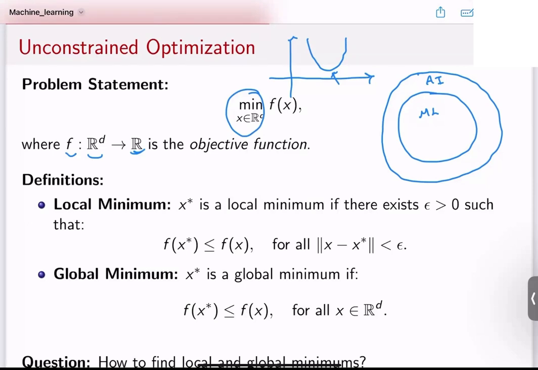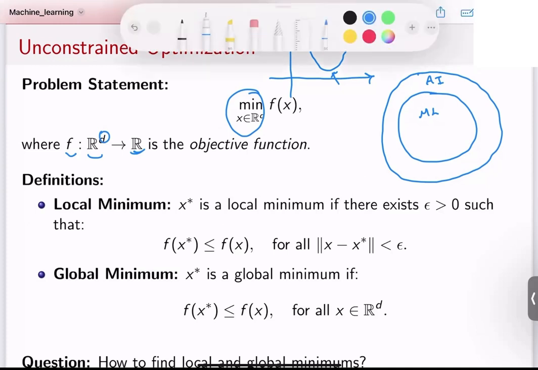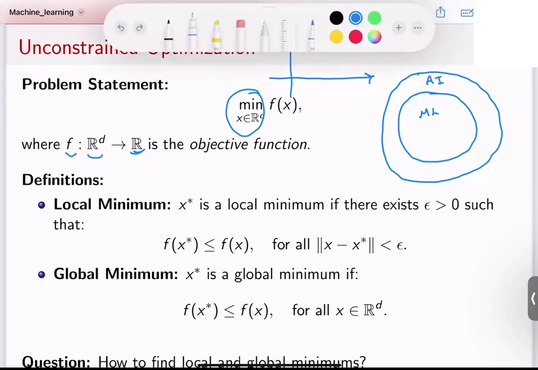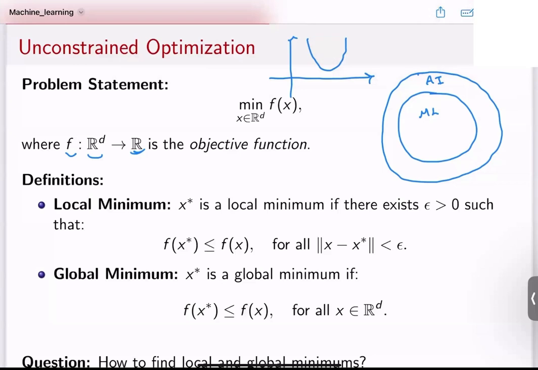But when we go to R to the D, when we're no longer working in the D equals one case, the problem becomes harder, and we'd need some tools to deal with this. If you remember from calculus, one way we used to find local minimum and global minimum was by finding the critical points of the function.